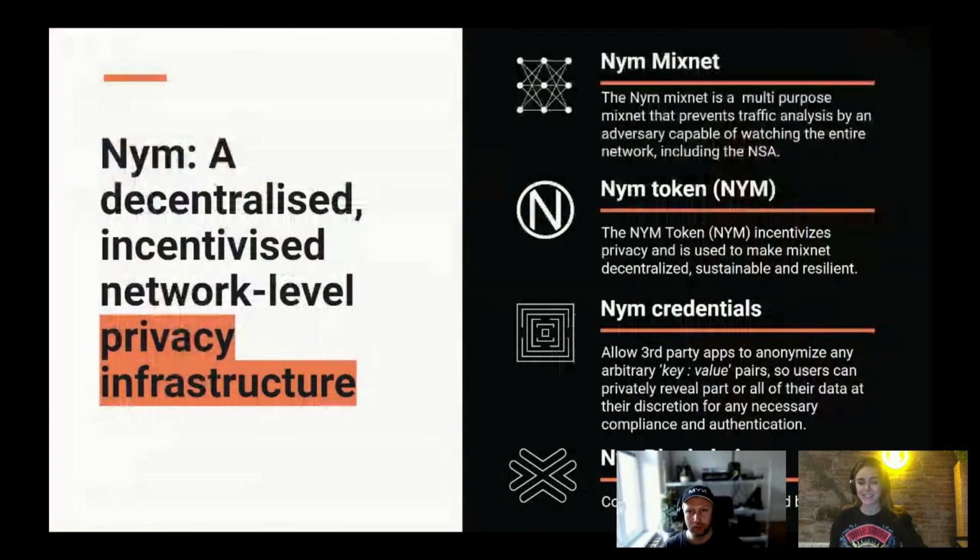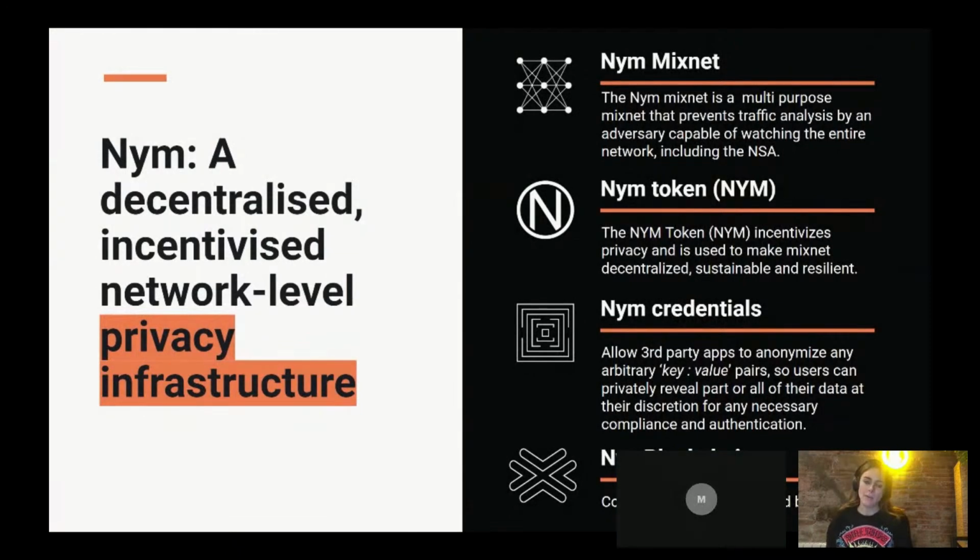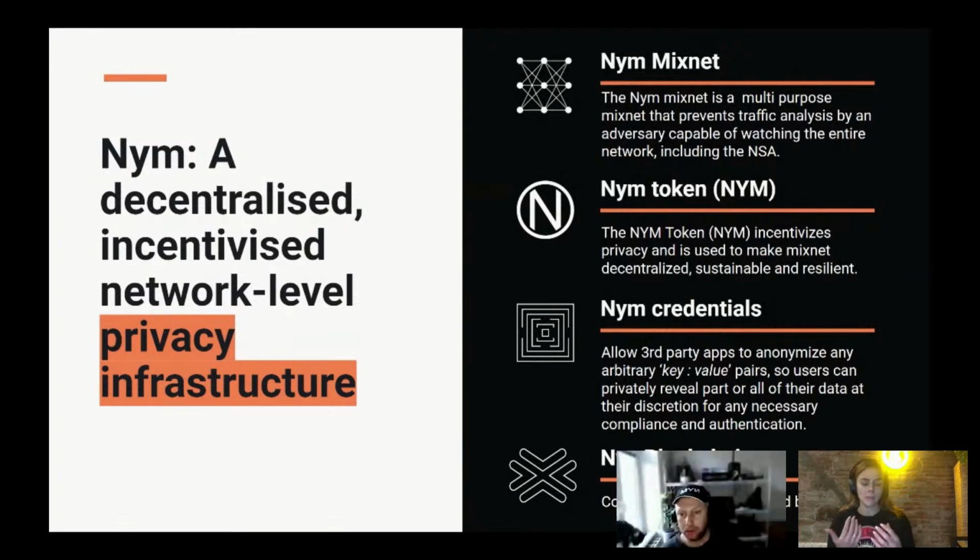Next slide. Thank you. As you'll know by now, Nym is a decentralized and incentivized network-level privacy infrastructure. The most important point to remember is that the different elements of our privacy infrastructure, namely the Mixnet, the token, the ZK-nyms, and the blockchain, are here to ensure that network data transmission and transactions are private.